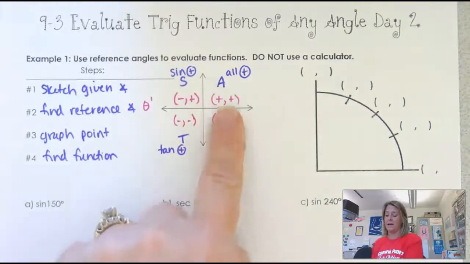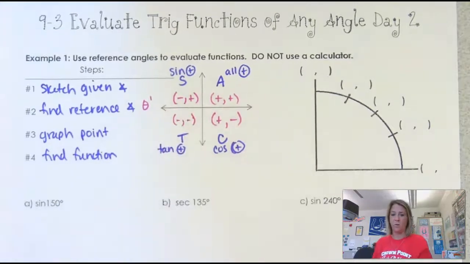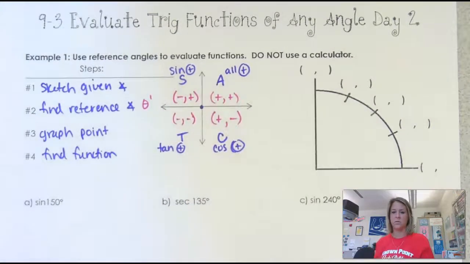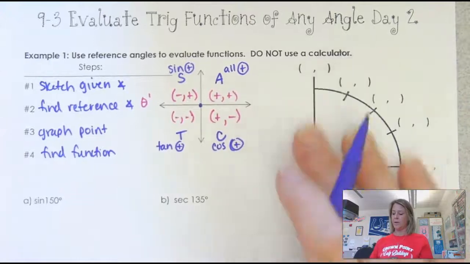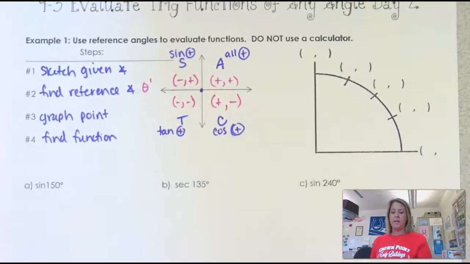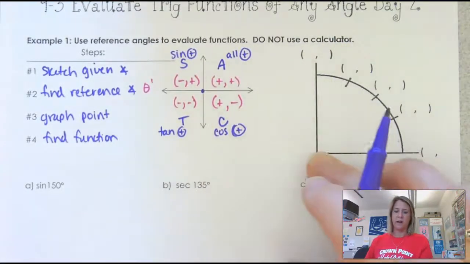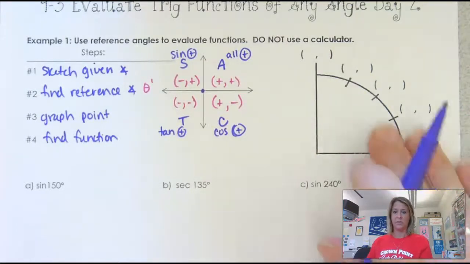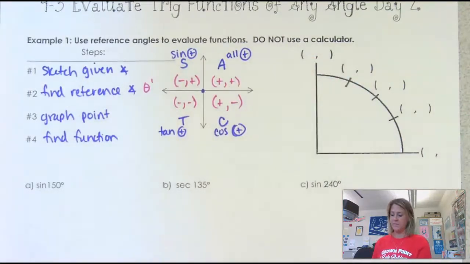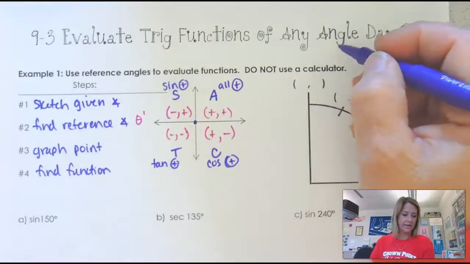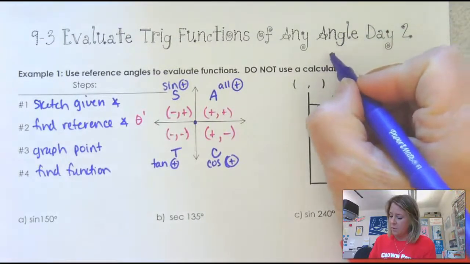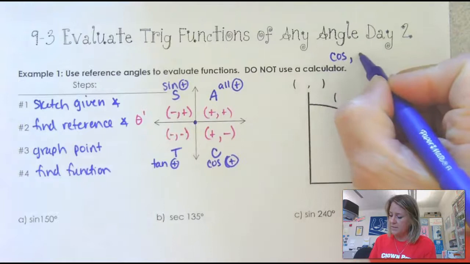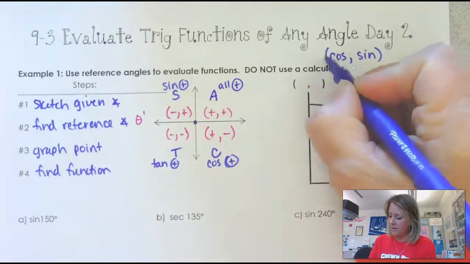You don't need that. I usually just try to remember what the signs are if I'm graphing, because here's my origin, that's 0, 0. This is just the first quadrant of the unit circle. So let's fill this in and see what we remember. One thing I like to put up here is I like to remember that cosine is always my x value, sine is my y value. I'll write it as an ordered pair here.